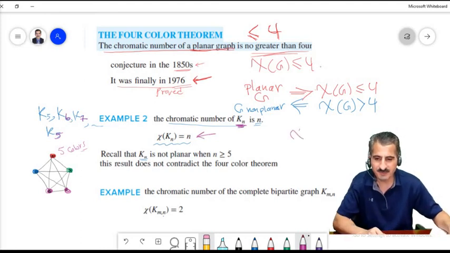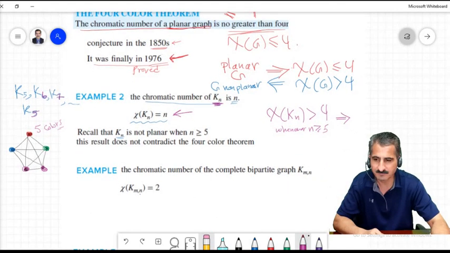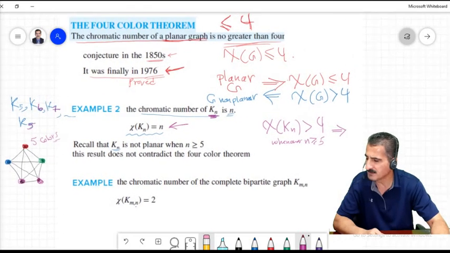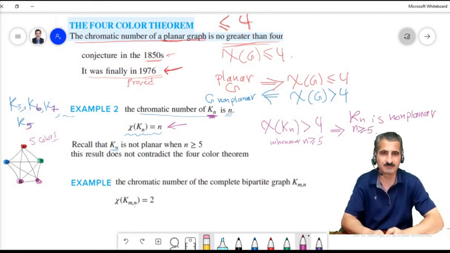Therefore the chromatic number of Kn is greater than 4 whenever n is greater than or equal to 5, and that will make us conclude, according to the theorem, that Kn is non-planar where n is greater than or equal to 5. Okay?